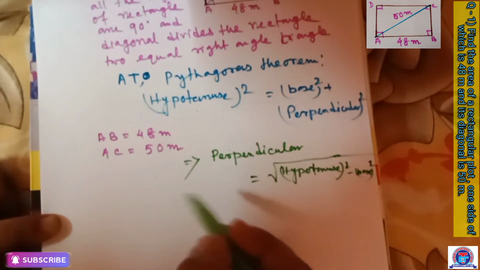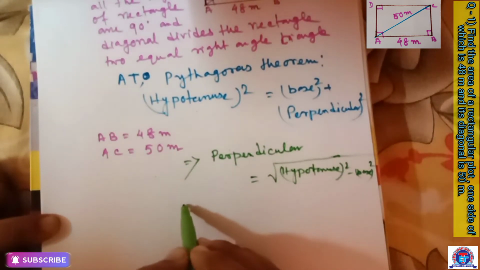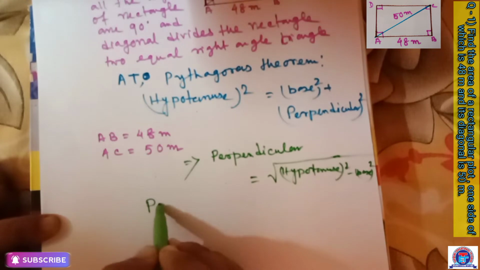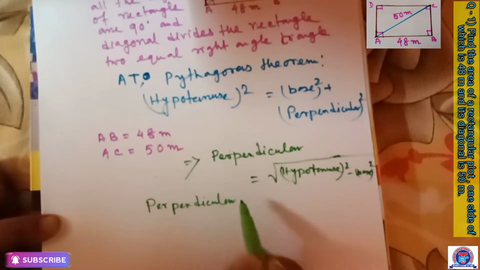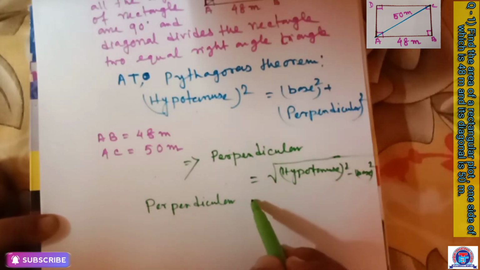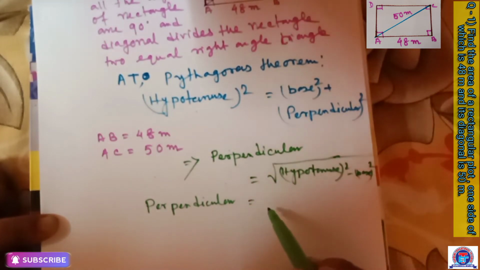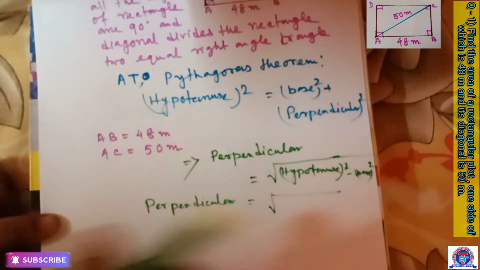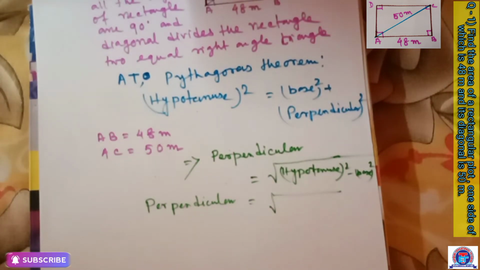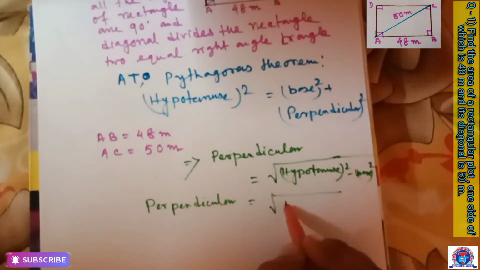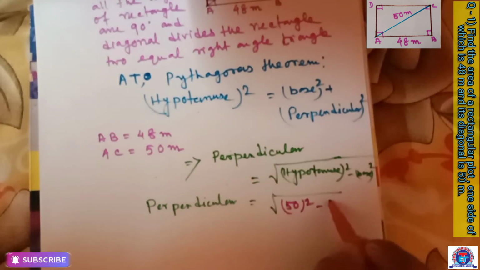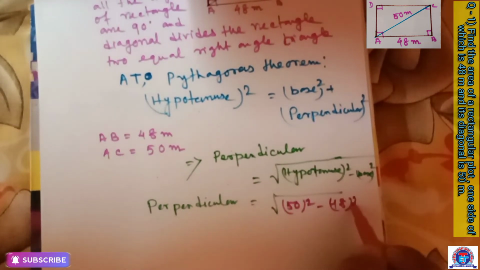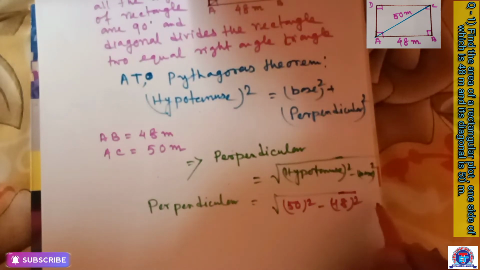So we put the value: perpendicular is equal to under root 50 square minus 48 square, correct?